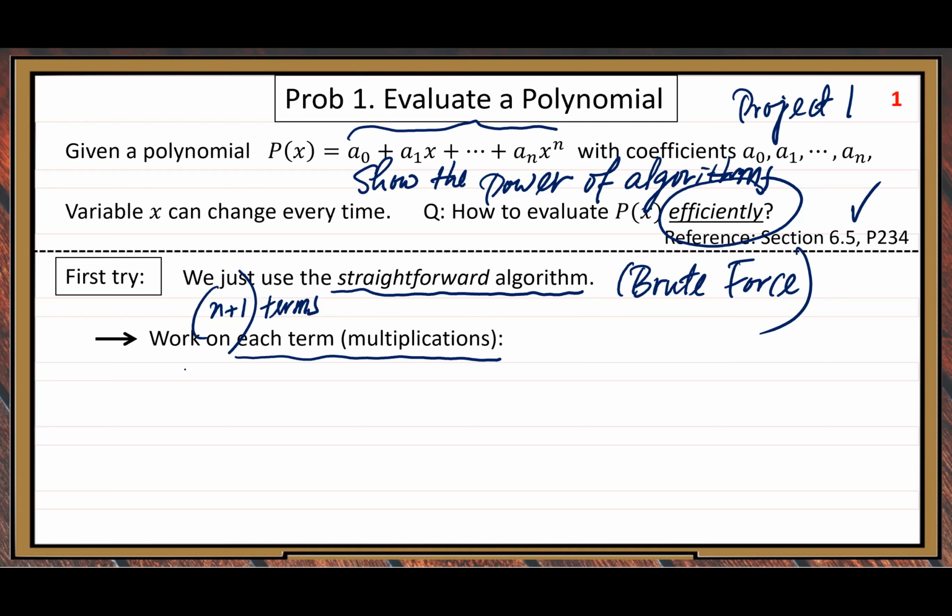Now, we just take one of the n plus 1 terms as the representative. This one is the representative: a sub k times x to the kth power. This is the representative term.